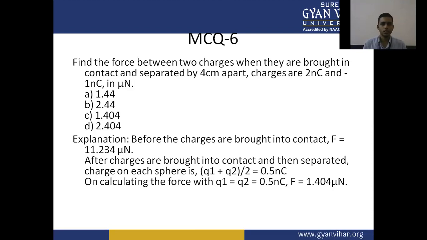Before the charges are brought into contact, the force is 11.234 micronewton. After the charges are brought into contact and then separated, the charge on each sphere is Q1 plus Q2 upon 2, which is equal to 0.5 nanocoulomb. On calculating the force, Q1 is equal to Q2, 0.5 nanocoulomb, and the force is 1.404 micronewton.